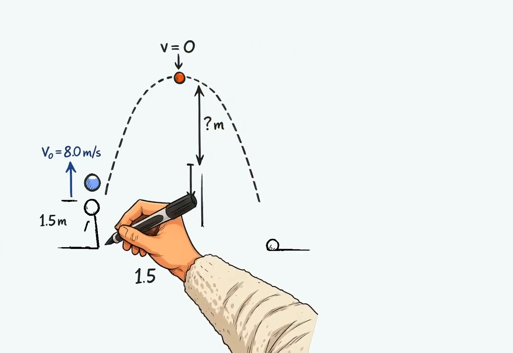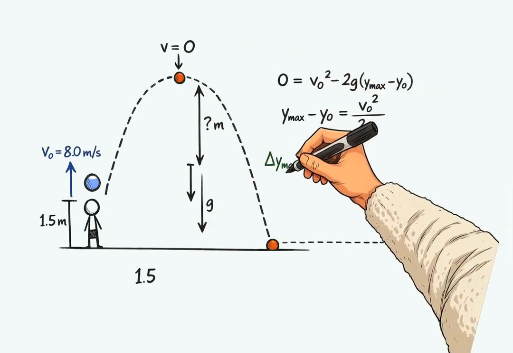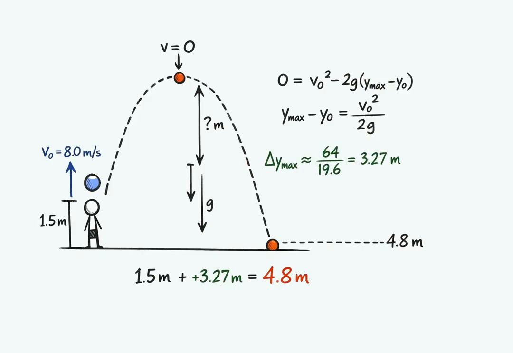The maximum height is where the time-free equation shines. At the peak, v = 0, so 0 = v₀² − 2g(y_max − y₀). Therefore, y_max − y₀ = v₀²/2g. With v₀ = 8.0 meters per second, Δy_max ≈ 64/19.6 ≈ 3.27 meters.